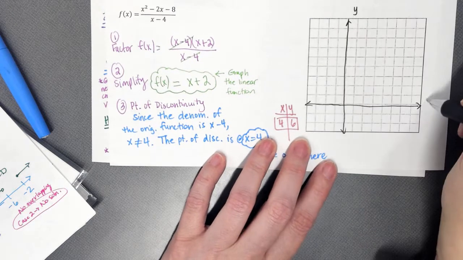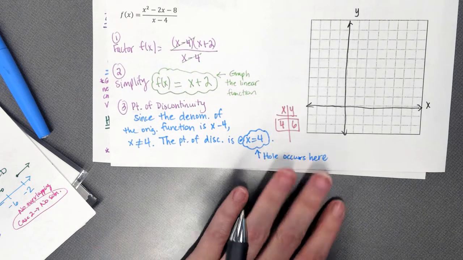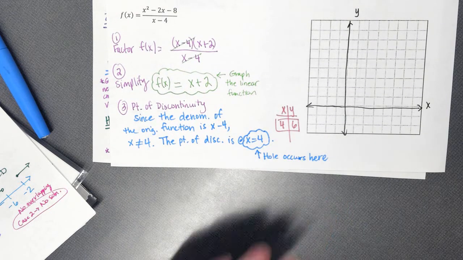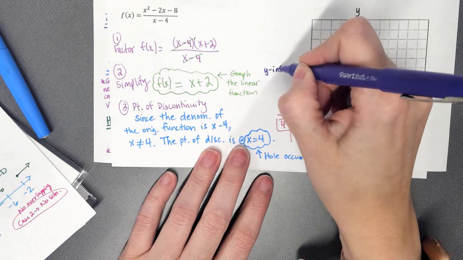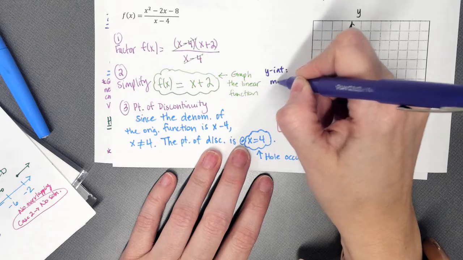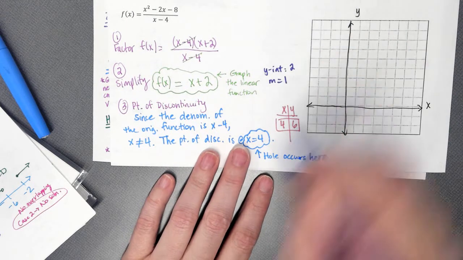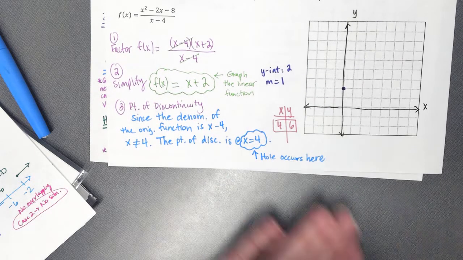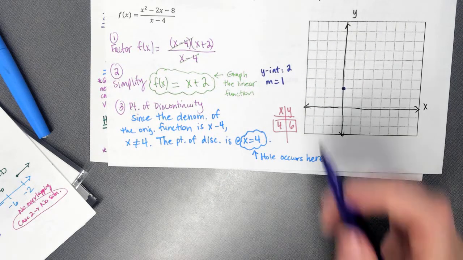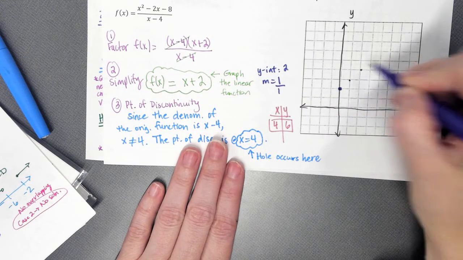So here's my y, here's my x. And then whenever you're graphing, you start at what point? Y-intercept. Yeah, what's your y-intercept for that? 2. What's your slope? 1. Okay, so we're going to start at 2. If your slope is 1, you just do your rise over run, right? Up 1 over 1, up 1 over 1.